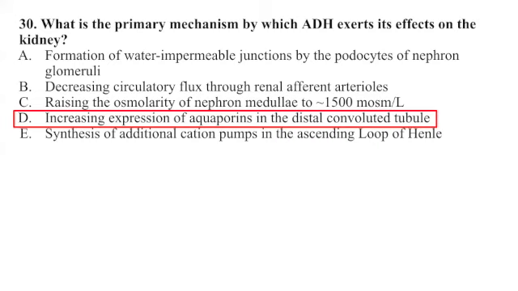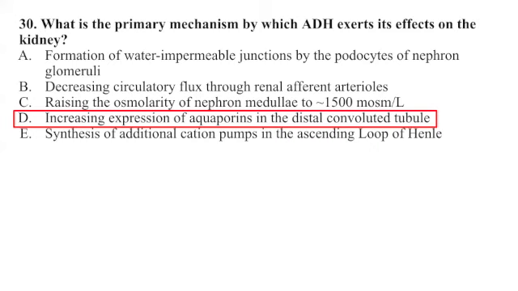As a result, the membrane becomes permeable to water. Then water can move from the tubule back into the blood, and this conserves water. So basically, ADH regulates water permeability, and that's where we get D.